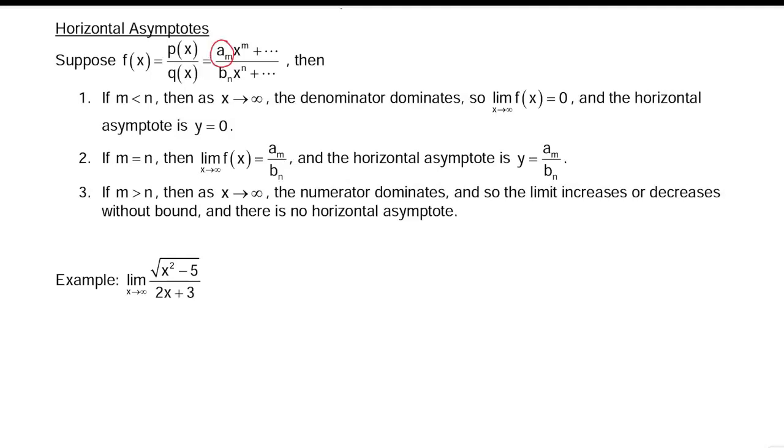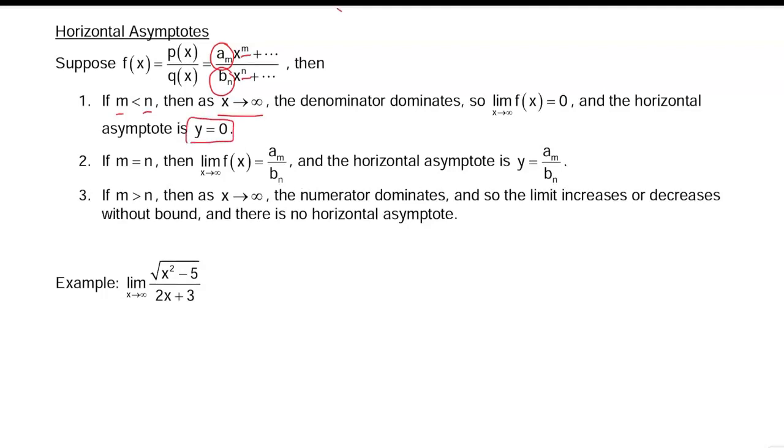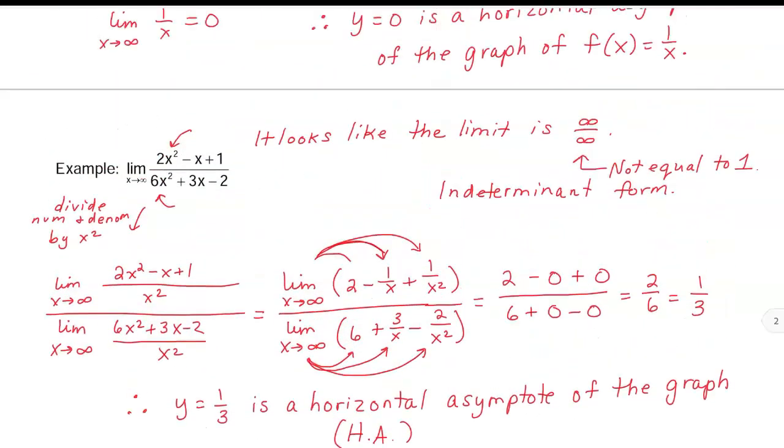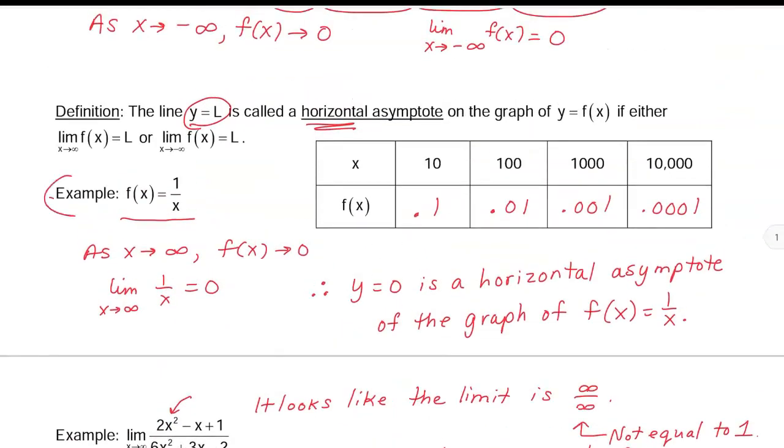So if you find out that the power of the numerator is less than the power of the denominator as x approaches infinity, then the horizontal asymptote is y equals 0. So that is the case in the example that we did right here. The degree of the numerator is 0, the degree of the denominator is 1, therefore the horizontal asymptote is y equals 0.